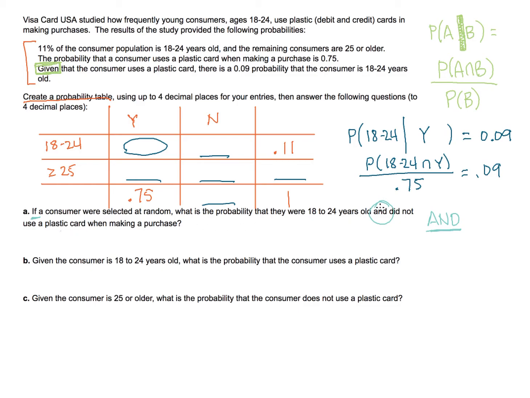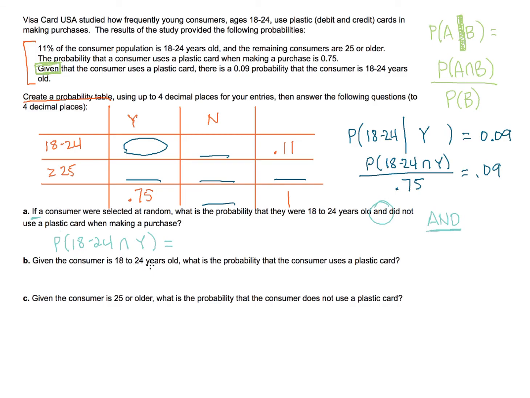And actually, so your and is going to be your intersection. So what that's saying is your intersection between 18 to 24 and yes, if they use a plastic card. And so really you don't have to do any calculating here, folks. You just go up to your table and you pull the information from there. Okay? So let's move down here.